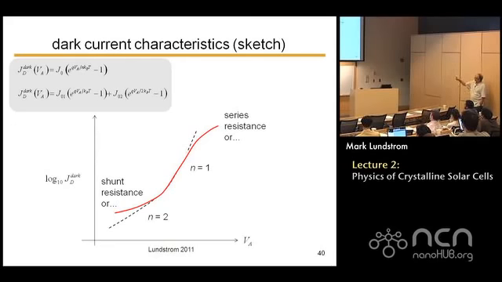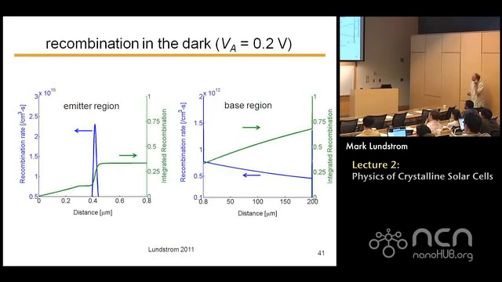Okay. So we've explained that n equals 1 part there. Let's lower the bias and go down and see what happens. All right. So if I go down and look at 0.2 of a volt, things are a little bit different. When I look near the junction on a linear scale, the only recombination I see is a sharply peaked recombination.